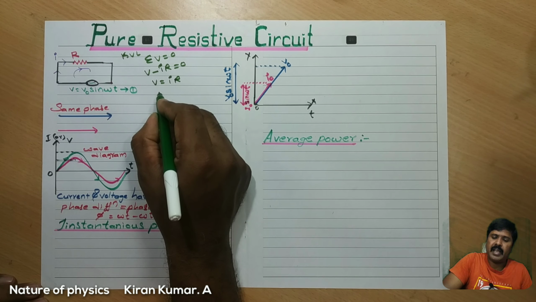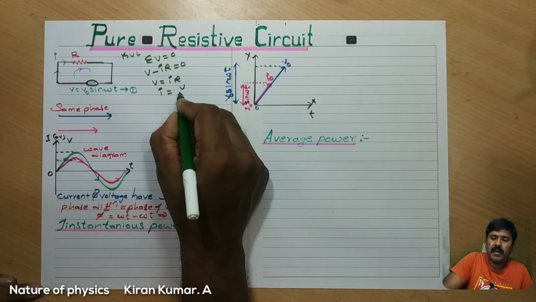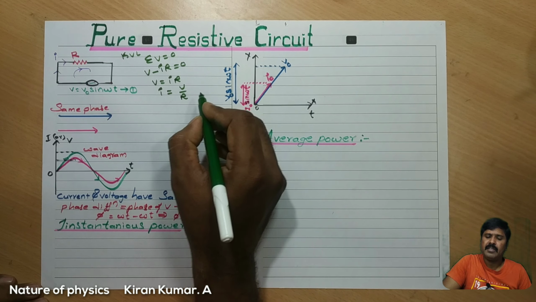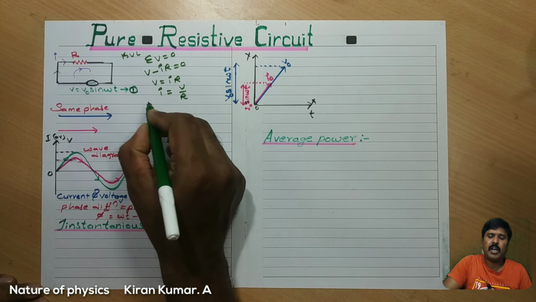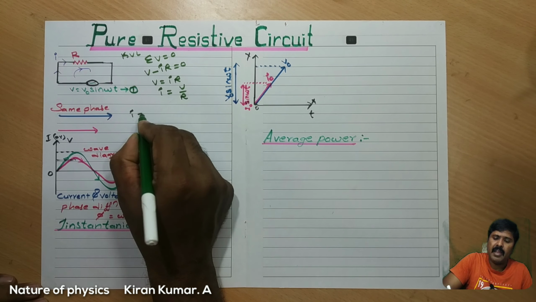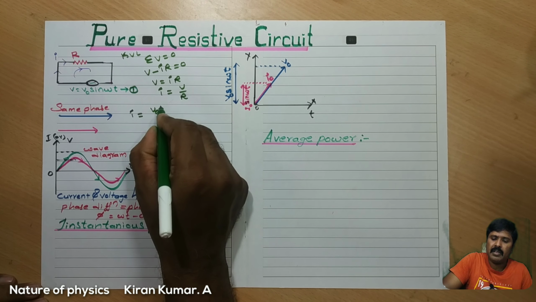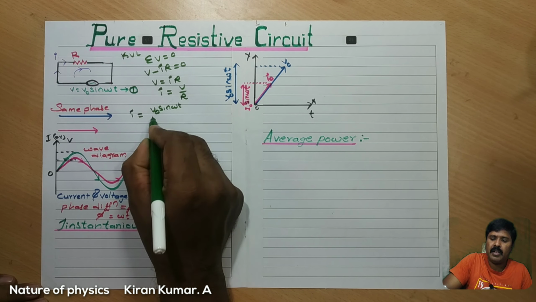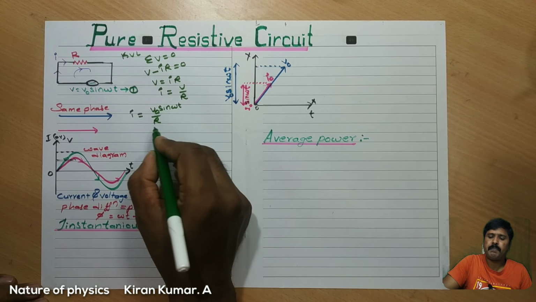From this equation I can write I is equal to V divided by R. See there, this is the first equation, the applied voltage is replaced here, so I will get I is equal to V naught sin omega t divided by R, students.